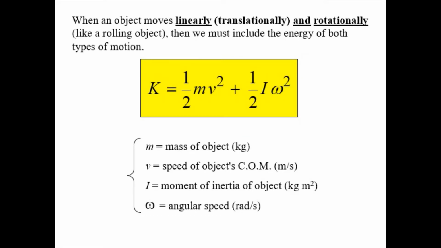So in the past, when we were talking about a car going down the road, we know cars have wheels. But as we were talking about the car going down the road, we were simply saying, well, the kinetic energy is 1/2 mv squared. But really what's happening is the wheels have some rotation, and the engine has some rotation. So there's some energy stored in those wheels as well, and that's 1/2 I omega squared, where I is the rotational inertia of the wheels, and omega is their angular velocity.